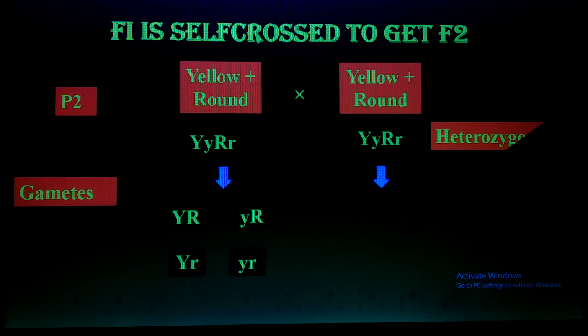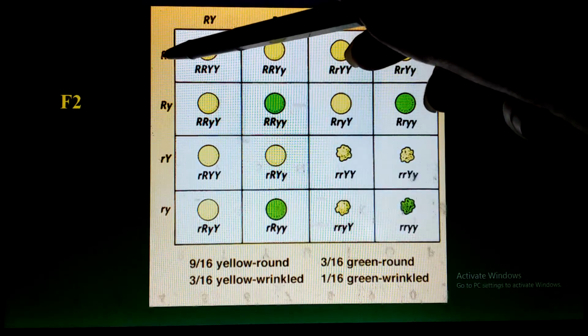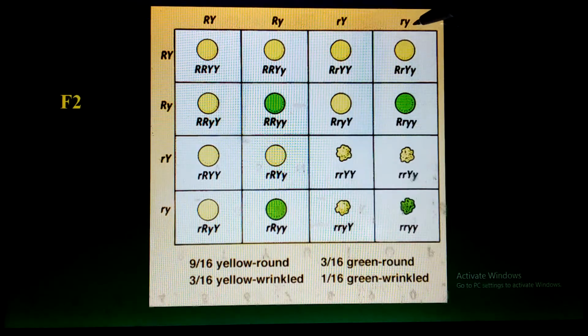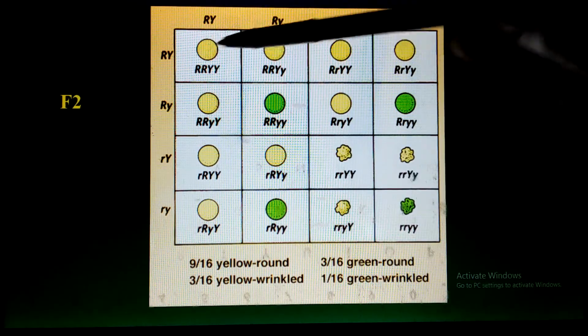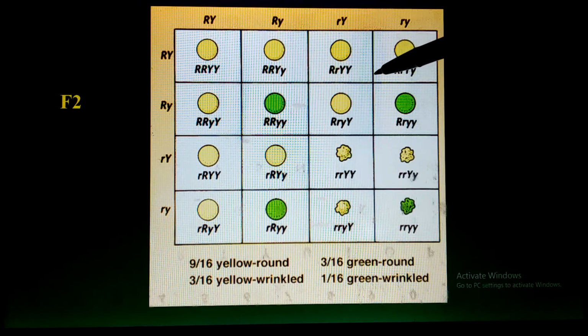Is it clear? So that's why I did not write it here again. You take these gametes, suppose these are the male gametes and these are the female, and now you can cross all these 4 types of gametes with each other to get the F2 generation.